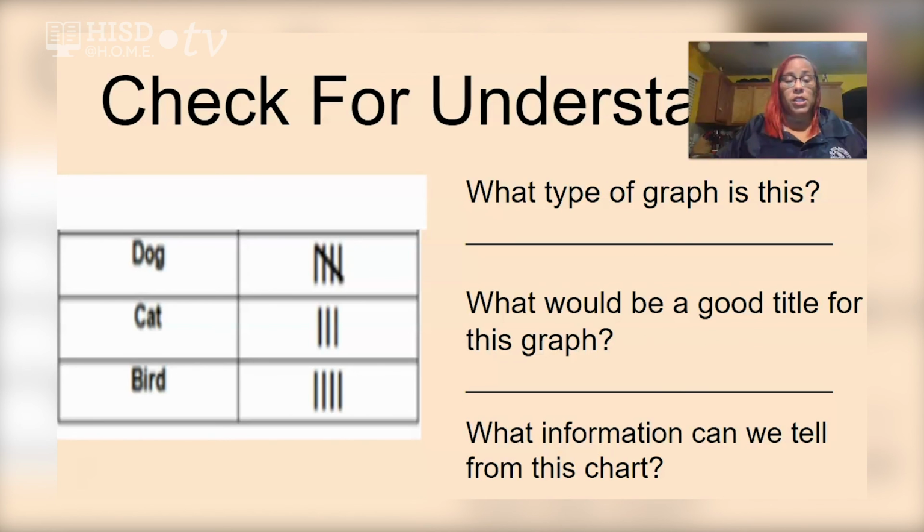And then I want my superstars to use this information to create your own picture graph. Remember, your picture graph should have a title. You should list the choices. You have to put a key to let us know what your symbol represents, or how much each symbol is worth. And then draw the symbols to represent the information.